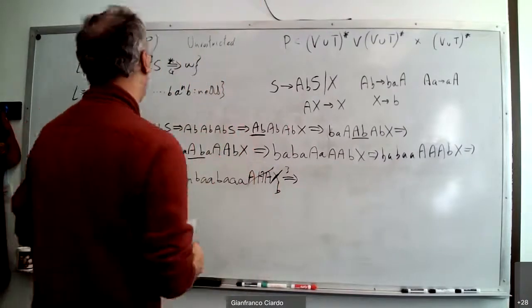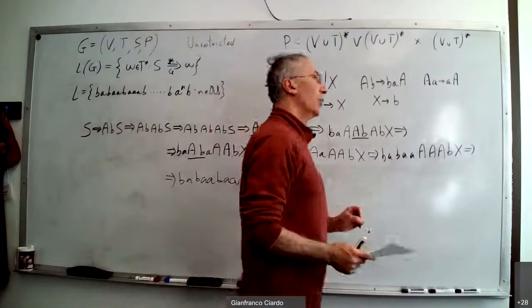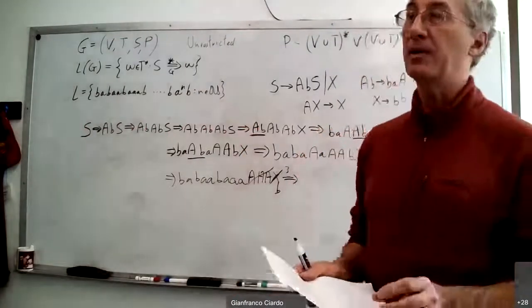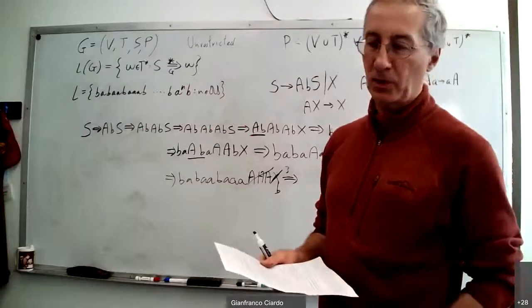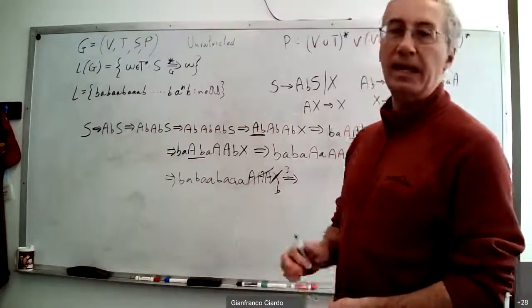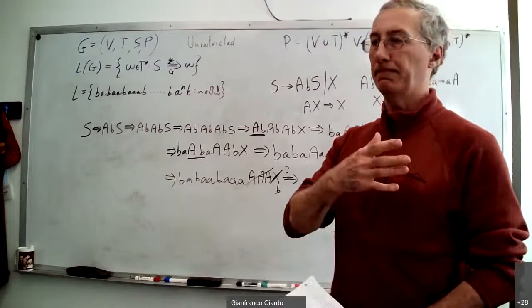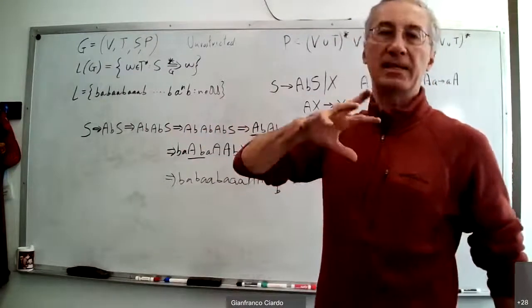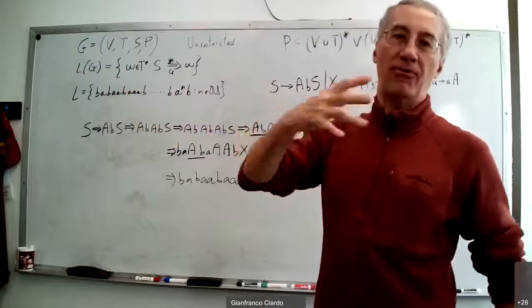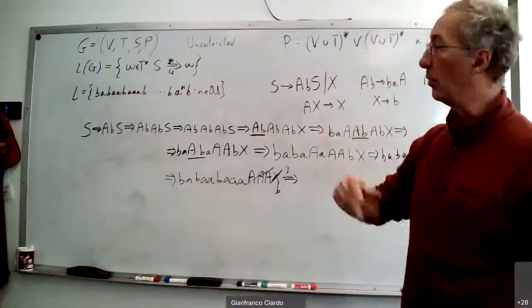So again, when you use unrestricted grammars to generate something which is clearly not context-free, this idea of having, in the first case, the A's, the B's, and the C variables can sweep back and forth to get the order you want.